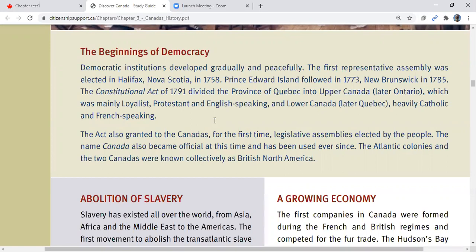All together, they were called British North America. That's a lot of things, so there will probably be a question from that information. Try to remember it. The main thing is the Constitutional Act, because there will clearly be questions about that on the test.